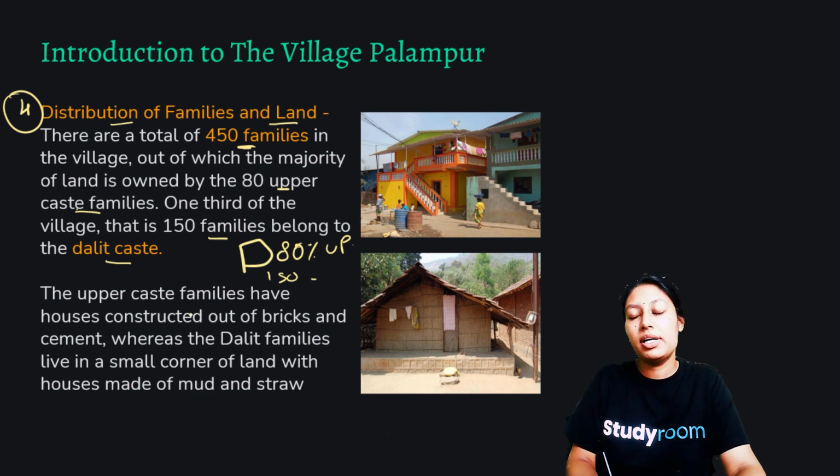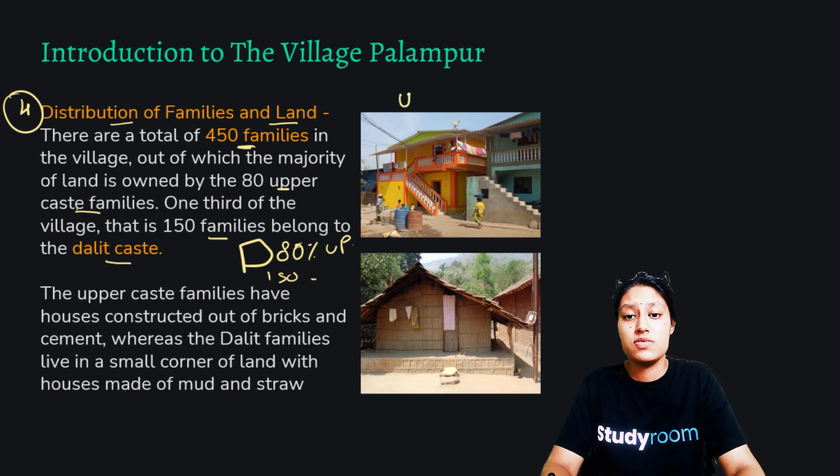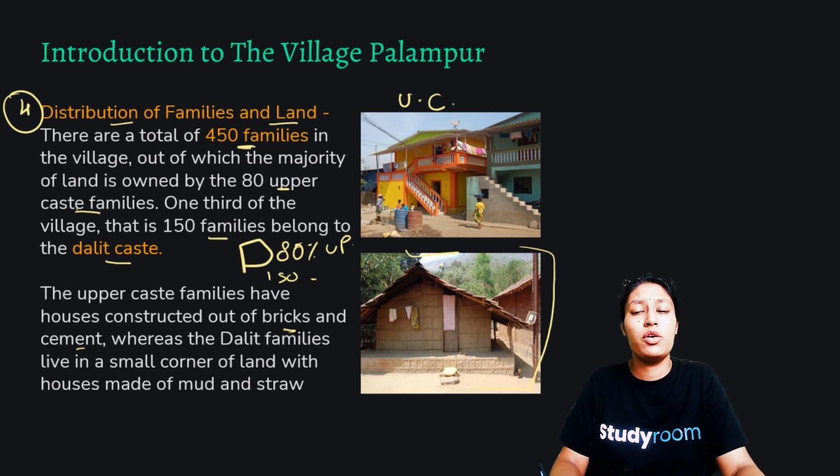Okay. So there is a difference between upper caste and lower caste, as we can see from the images as well. The houses where upper caste families stay are well constructed out of bricks and cement, whereas the Dalit families, as you can see in the picture, stay in the corner of the village, and their houses are made up of mud and straw.